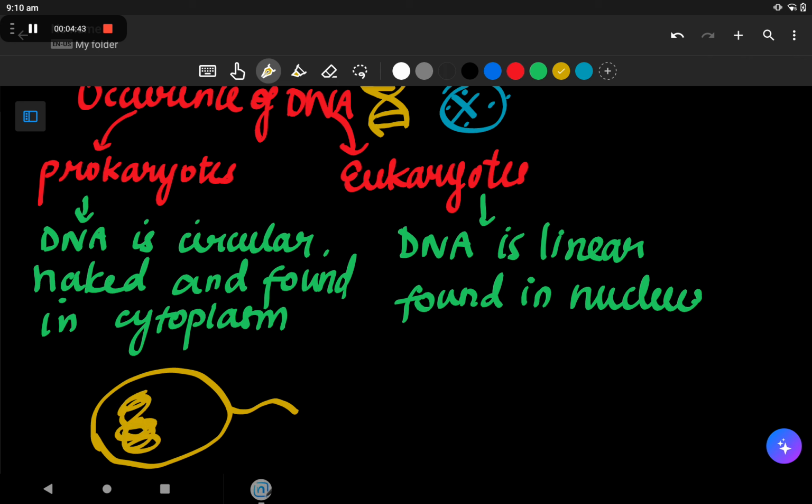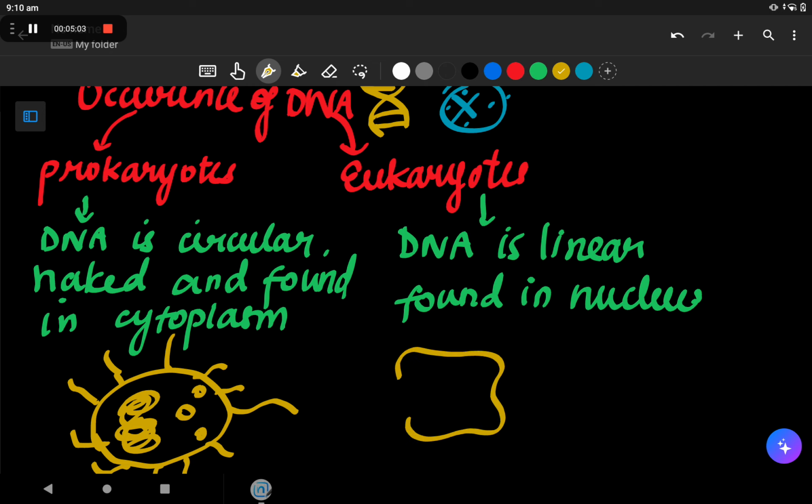Chromosome, plasmid, they are naked and found in cytoplasm. This is what in prokaryotes. In eukaryotes, it would look like this. If this is a cell, this is the nucleus.